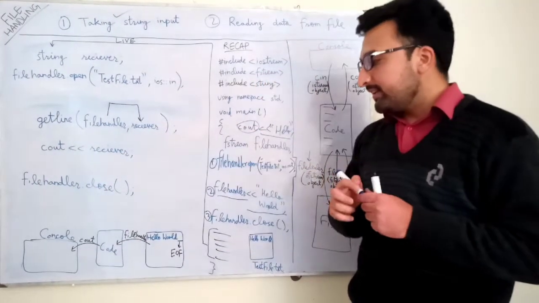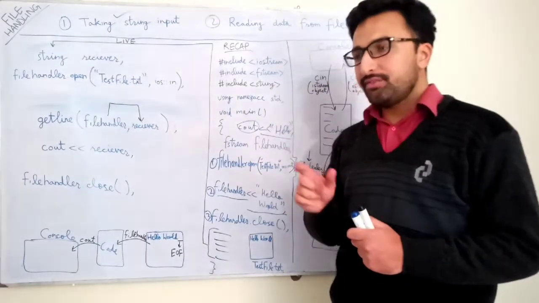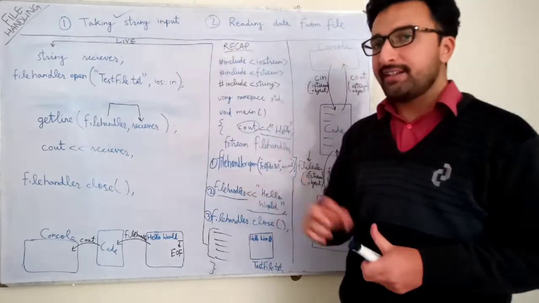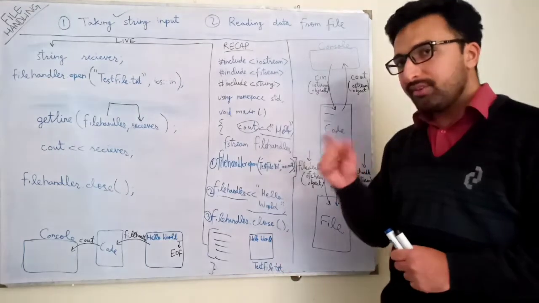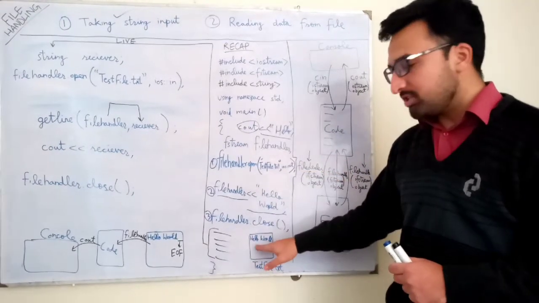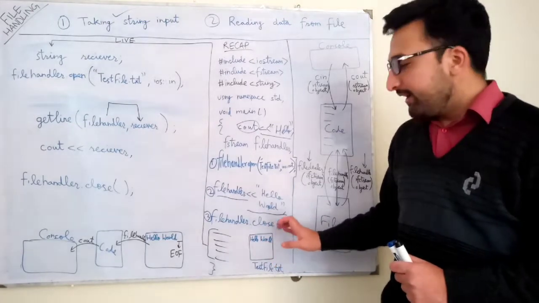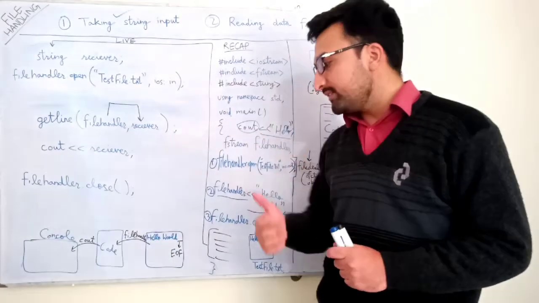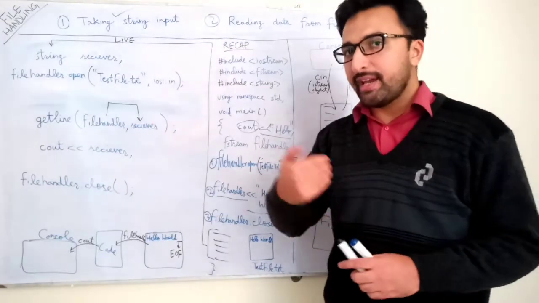When we have a file, it is basically a stream of data, and that can be read as a string of characters. For example, hello world is a string of certain characters, HELLO space WORLD. When we are reading something from the file, it can be read as a string of characters.